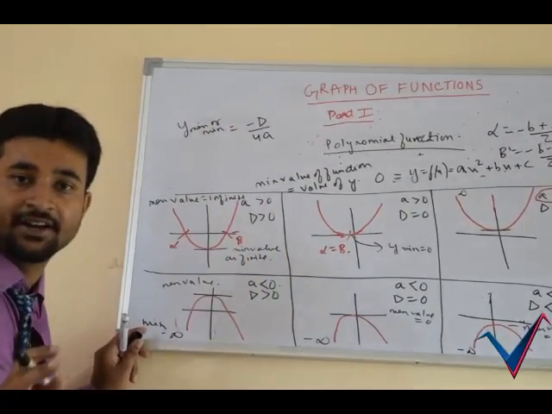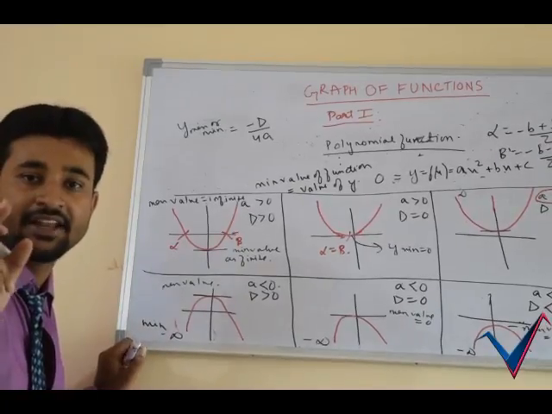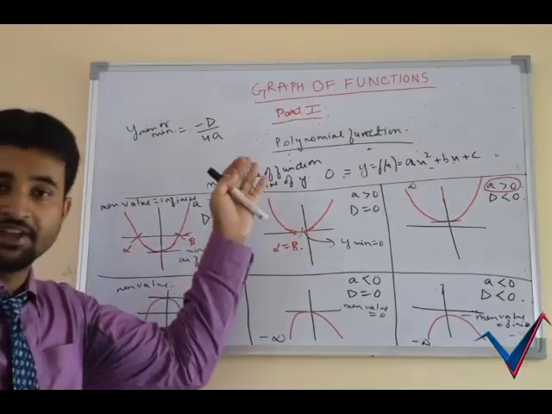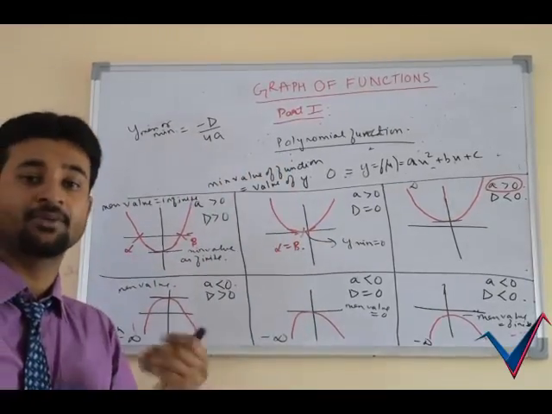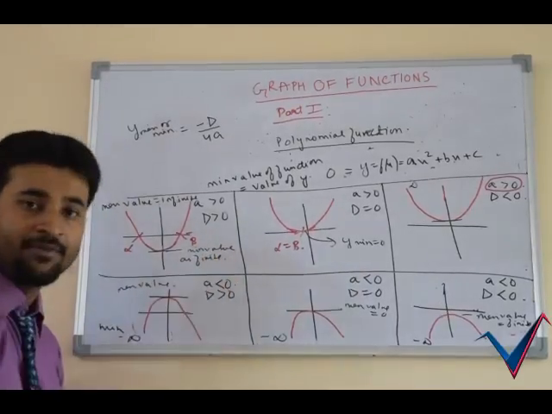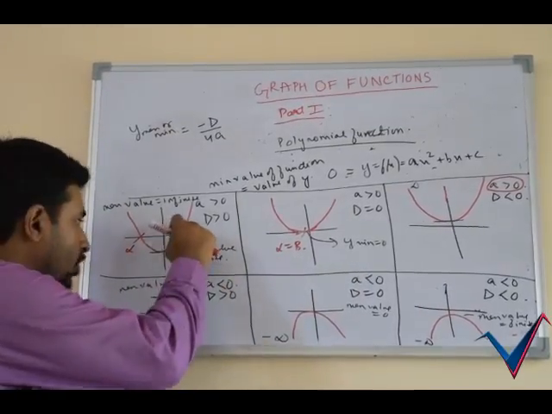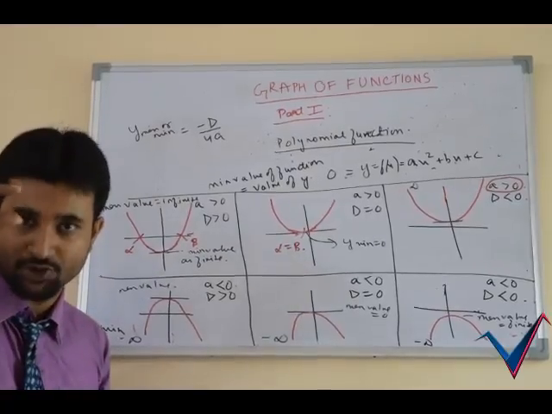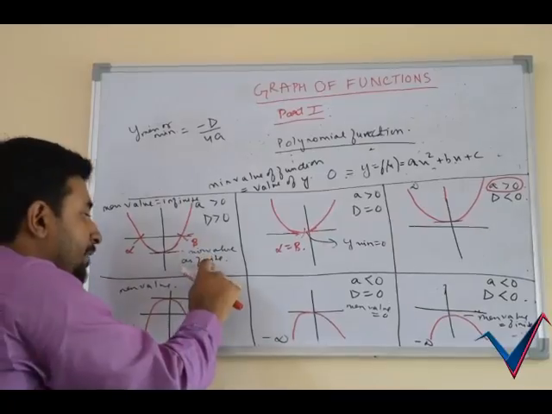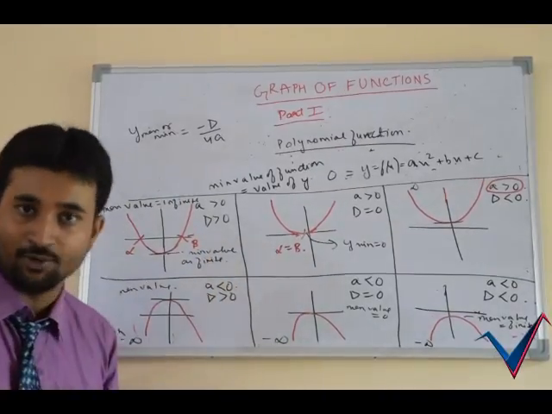D is the discriminant, that is b square minus 4ac. So the minimum and maximum value here will be minus D by 4a. What do you mean by maximum and minimum value? For this case, we know that the minimum value is finite. What do you mean by minimum value? Minimum value of y actually. So here the minimum value of y is finite, so the minimum value will be minus D by 4a.